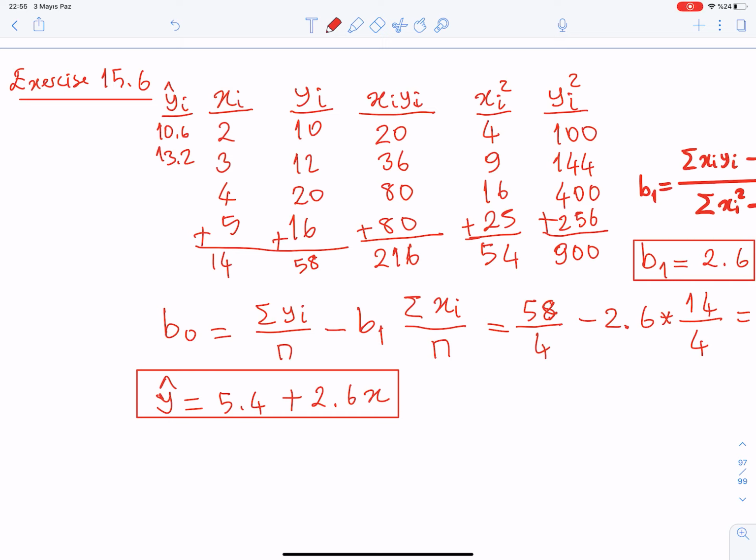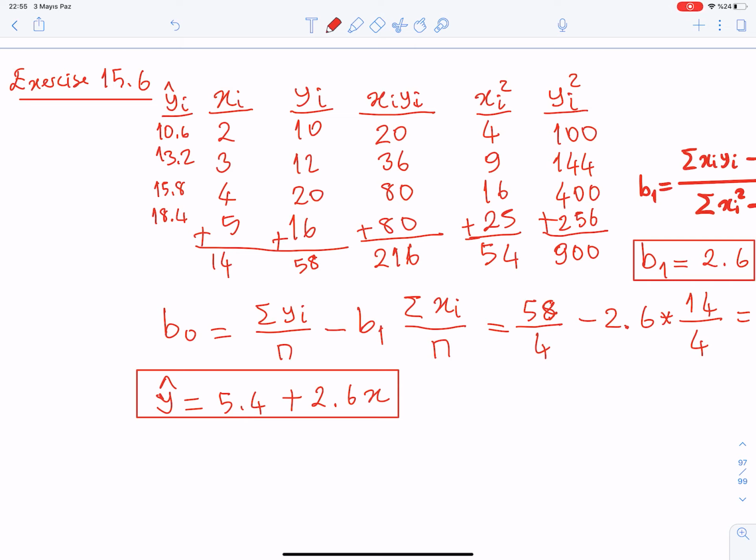And if you place 4, 4 times 2.6 plus 5.4, the next one is 15.8, and the last one is 5 times 2.6 plus 5.4, which becomes 18.4.